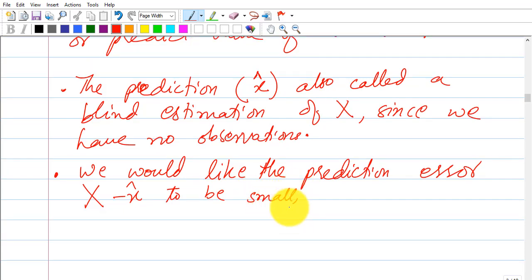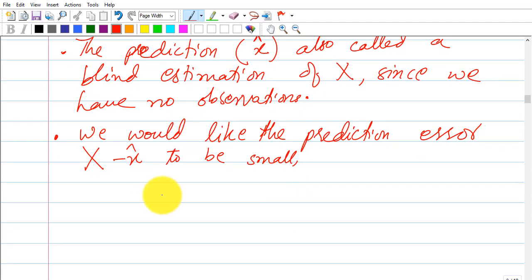So how can we do it? If we take E error as the expected value of x minus x hat whole square, like this.